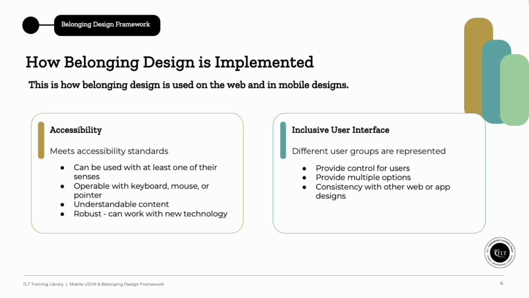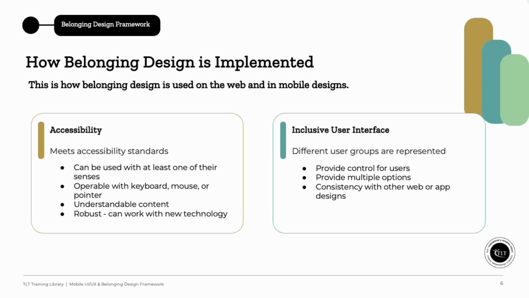Next, we want to ensure that the design is operable with a keyboard, mouse, or pointer, and they can navigate with only one of these if needed. We also want to ensure that the content is easy to understand and that the design is robust, or that it can work with the technology needed for accommodations.